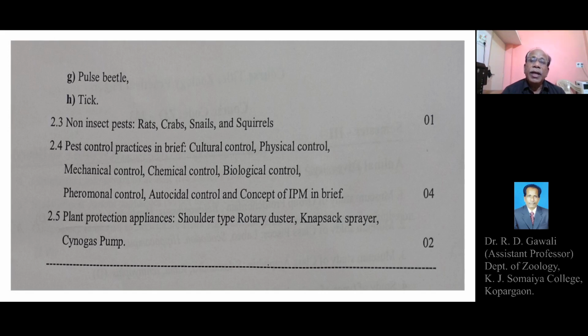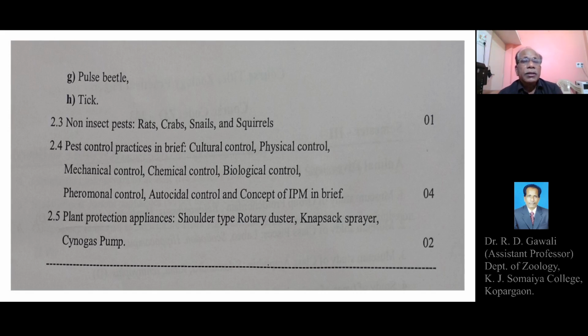Knapsack sprayer is used for spraying liquid pesticides, and cyanogas pump is used for the application of fumigants. The toxic fumes are released from these fumigants and directed towards the crops or the pest. So for fumigation purposes we can use the cyanogas pump.